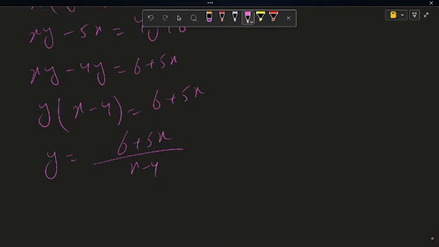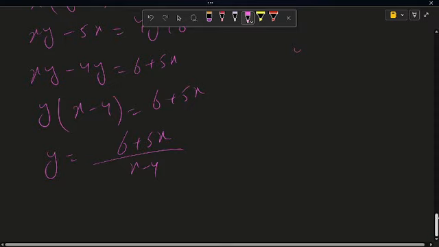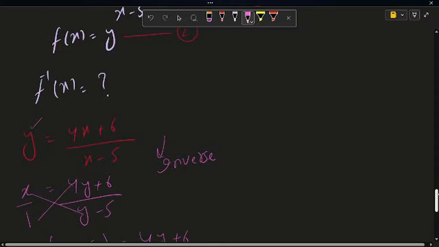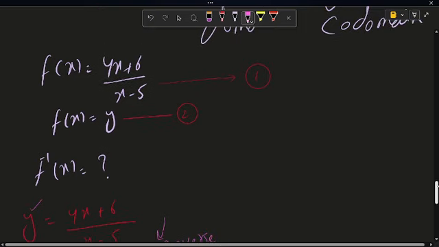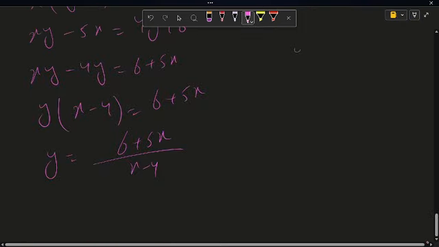And what is y? Initially I had y equals f of x and x equals f inverse of y. So y equals f inverse of x, which equals 6 plus 5x over x minus 4.